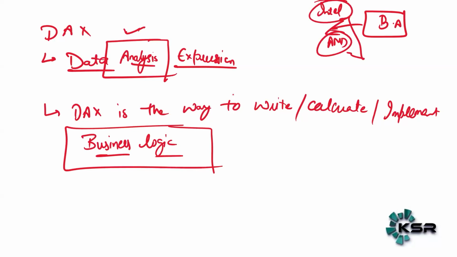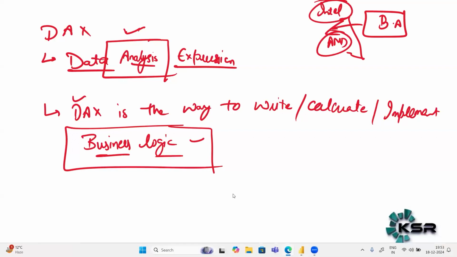Only then you will create this business logic with the help of DAX, isn't it? How many of you agree? Yeah, that's correct. So time intelligence and the other functions are the tools to achieve the business logic, isn't it? Yes.